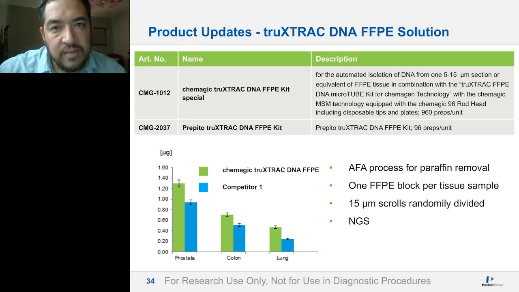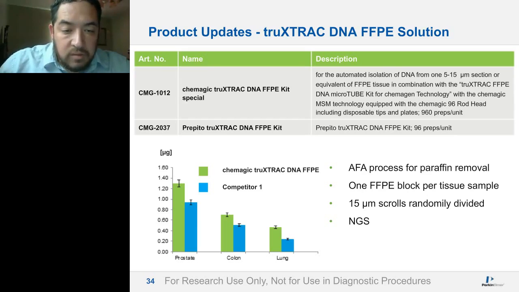If people have a solution using the Covaris system, we have a specific kit that works for it, using either the MSM1 or 360 with the truXTRAC DNA kit, or the smaller instrument, the Torpedo. Again, with a chief competitor, green versus blue, we show higher yield of DNA from prostate, colon, and lung in comparison with a primary competitor.